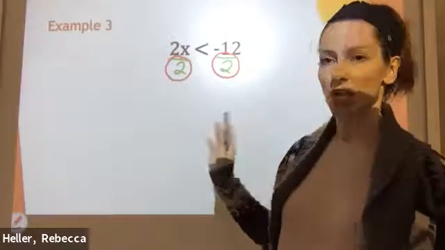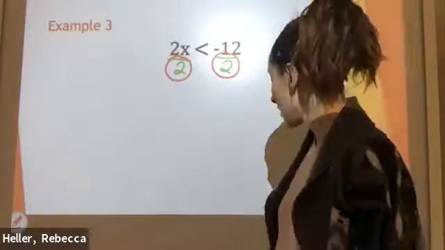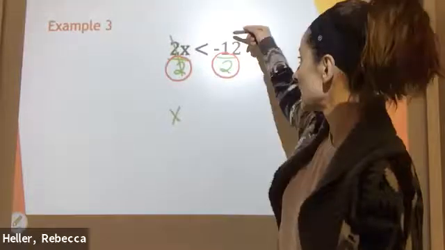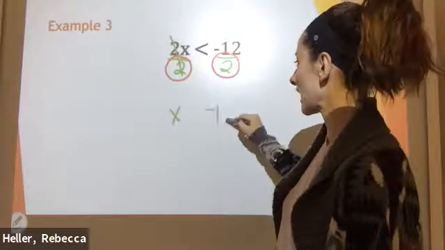Okay, so the rule is when you multiply or divide by a negative number, the number we're talking about is this number right here. If you multiply or divide by a negative number, you flip the inequality sign. 2 is not a negative number, so nothing is going to change here. Okay, so 2x divided by 2 is just x. Negative 12 divided by 2 is negative 6.